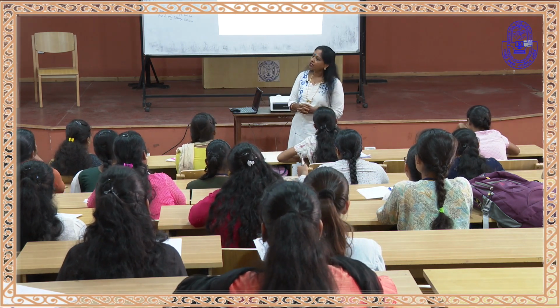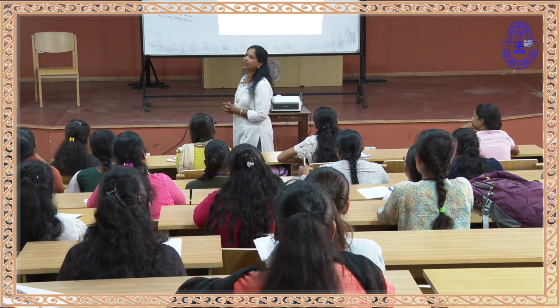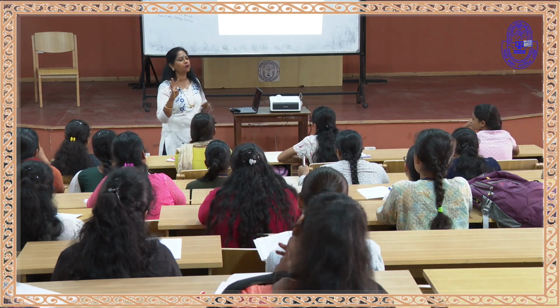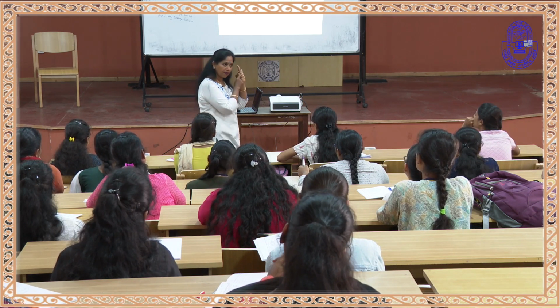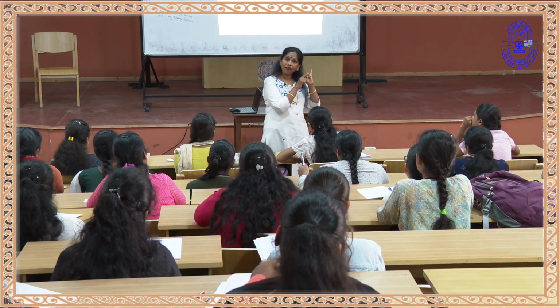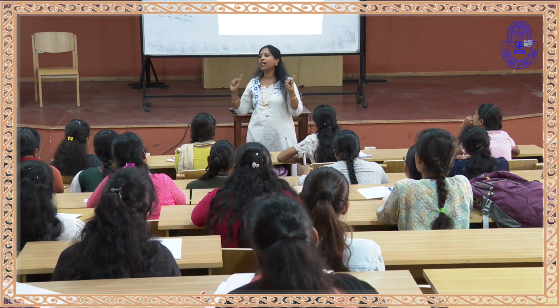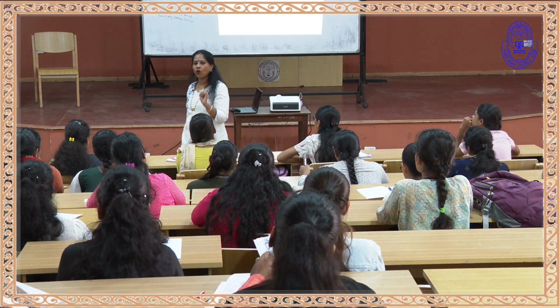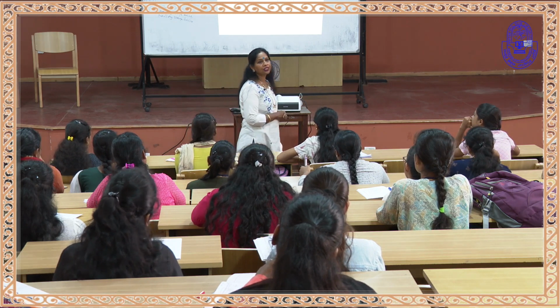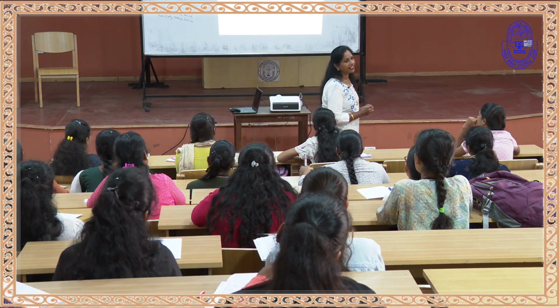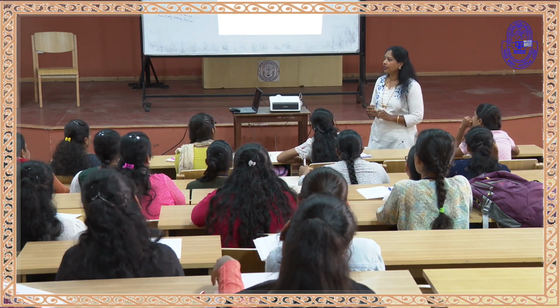How many types of data are there? Four types. Which are there? Alphabets, numeric, alphanumeric and special characters. Very good. What is information? Processed data.